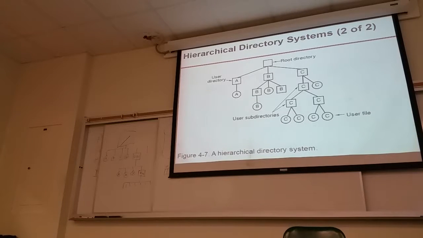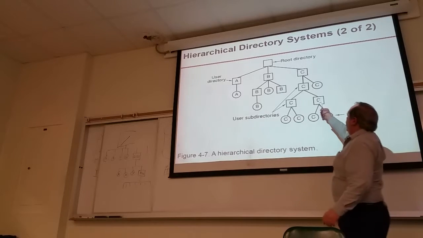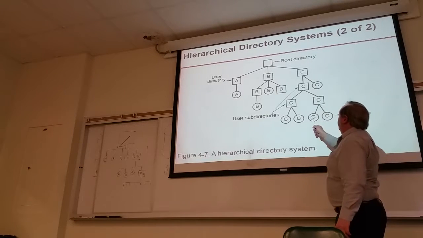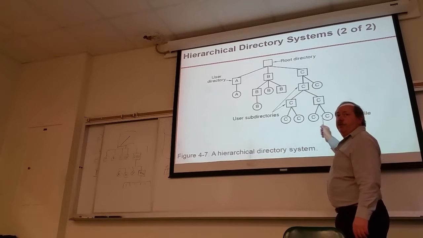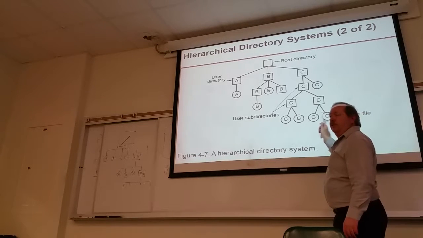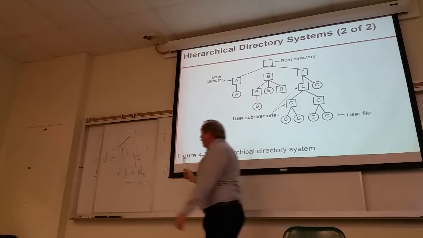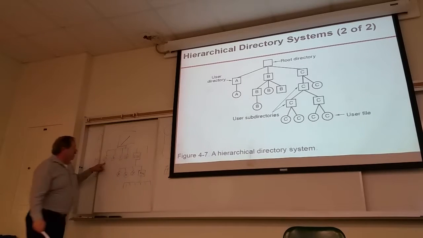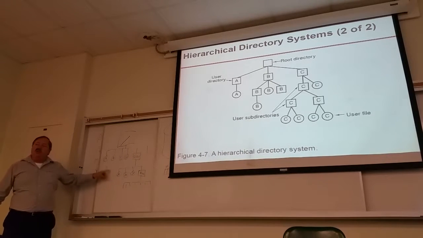Okay, so, by the way, you can't do this. I can't have a directory file with two child files of the same name. Okay? I can have two files in my HFS with the same name, as long as they have a different path to get there.